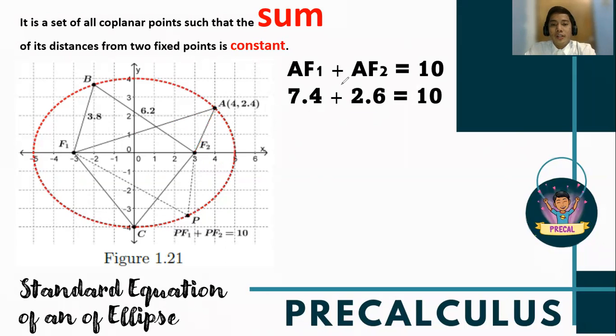Again, we use the distance formula to compute the distances from A to F1 and A to F2, meaning from a point on the ellipse to the two foci. What you will obtain is a sum of 10.